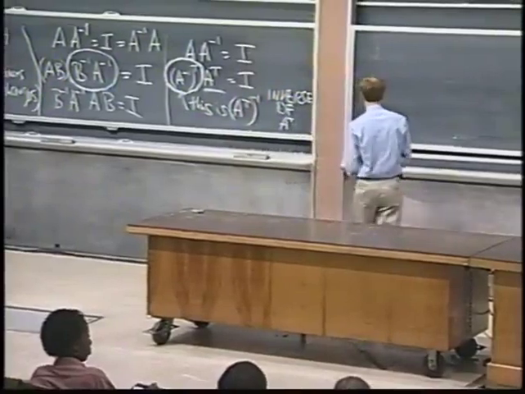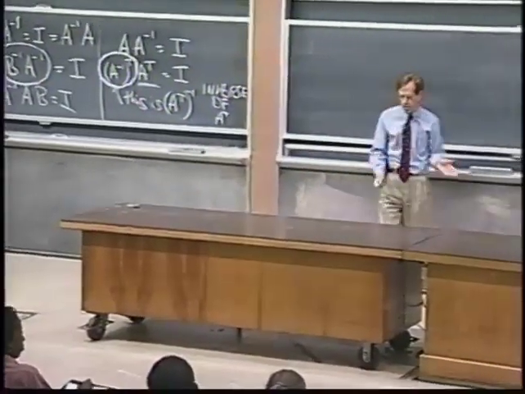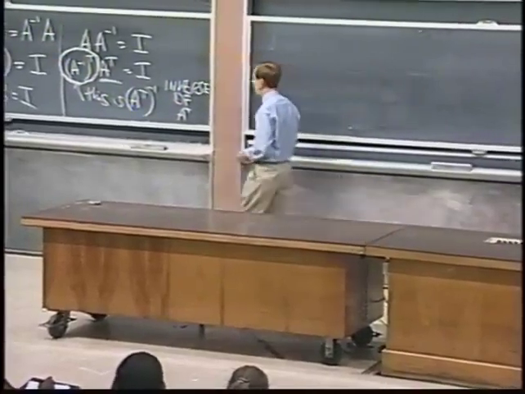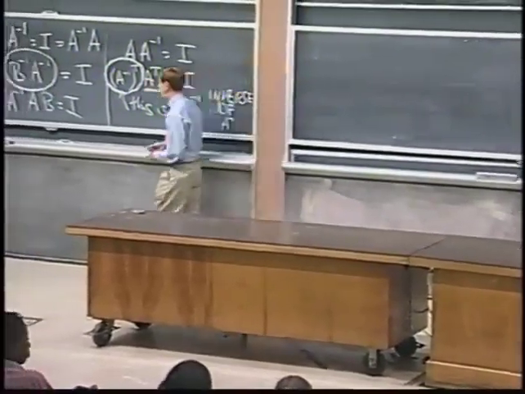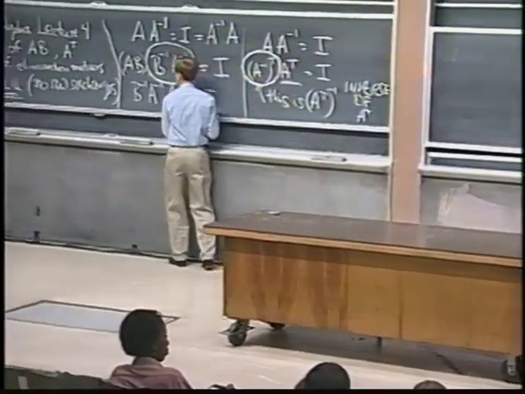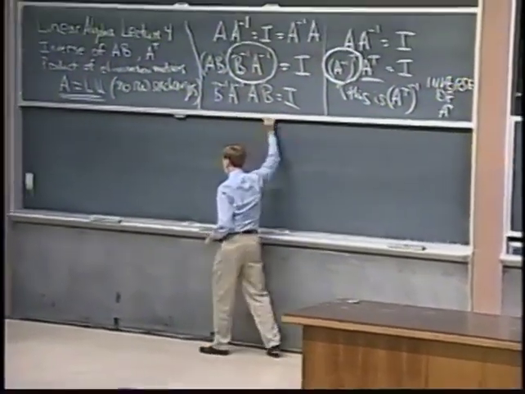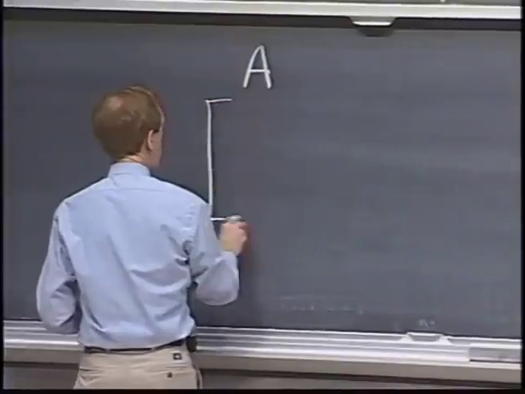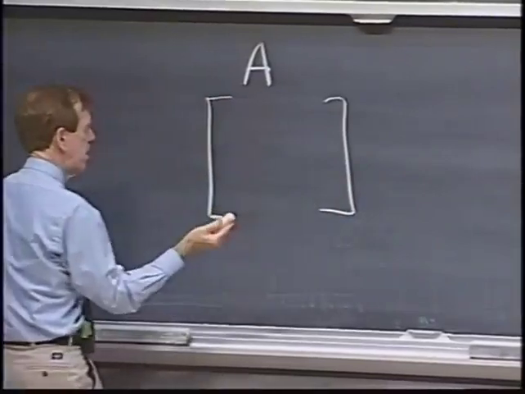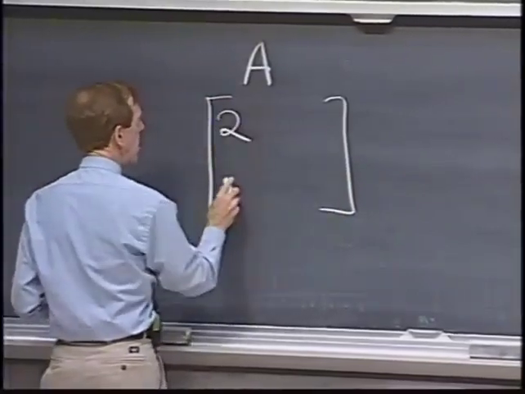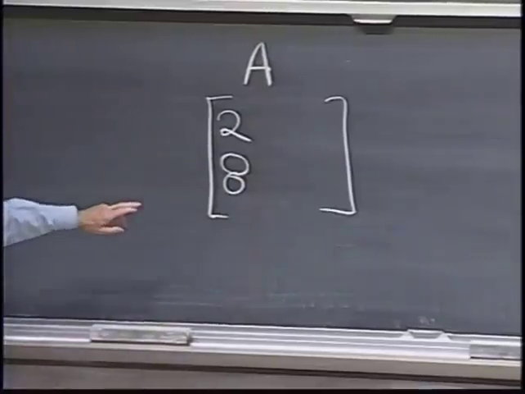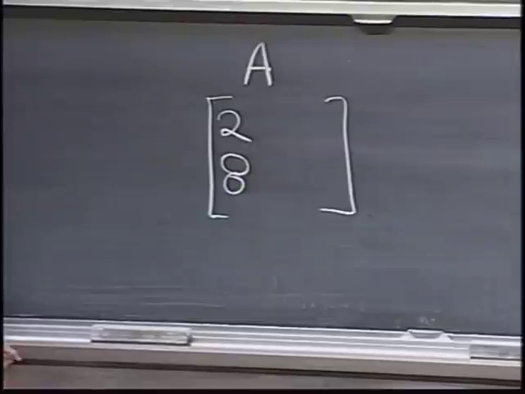Okay. Can I do it for a 2 by 2 first? Okay, 2 by 2 elimination. So I'll do it under here. Let my matrix A be, we'll keep it simple, say 2 and an 8, so we know that the first pivot is a 2, and the multiplier is going to be a 4.